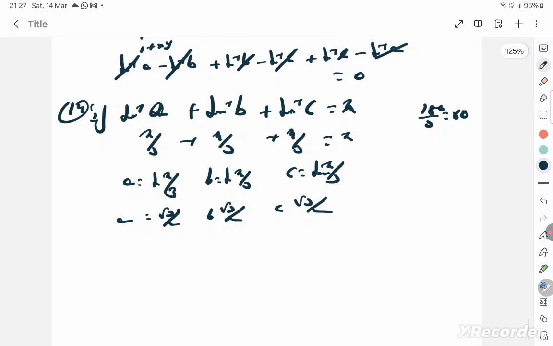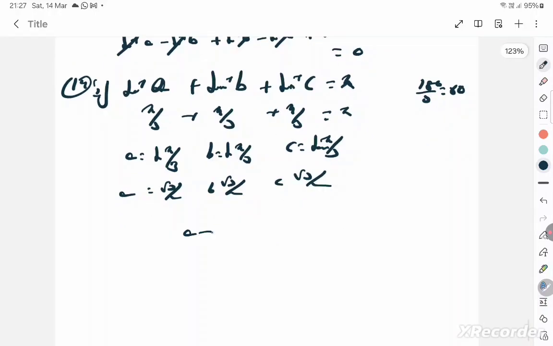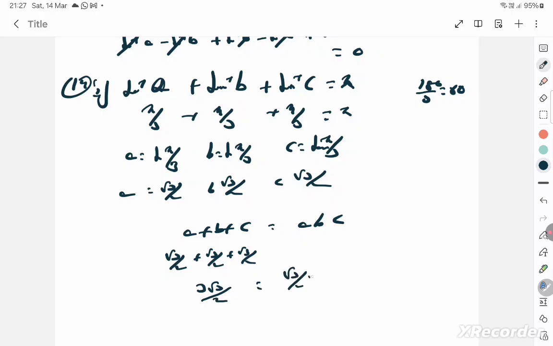Now read the question and find whatever they want you to do. They want you to find A plus B plus C is the same as ABC. And root 3 by 2 plus root 3 by 2 plus root 3 by 2 is 3 root 3 by 2. And here it's multiplication. Root 3 by 2 into root 3 by 2 into root 3 by 2 is actually 3 root 3. No, it's 3 root 3 by 2 to 4, 4 to 8, is it?